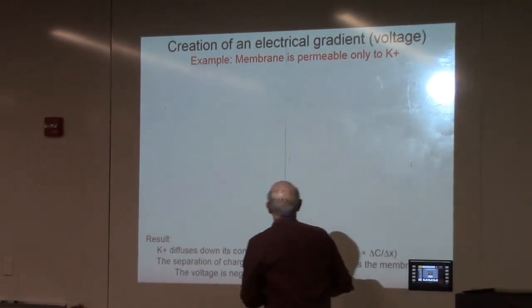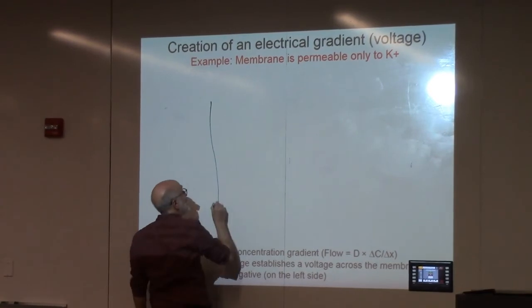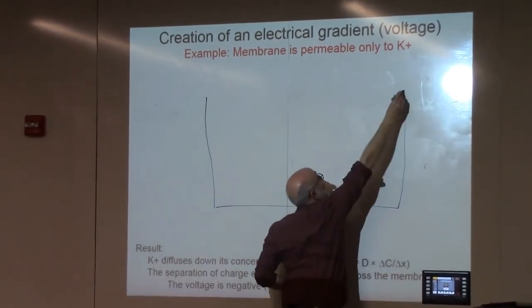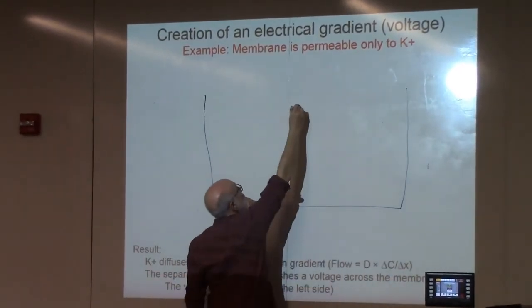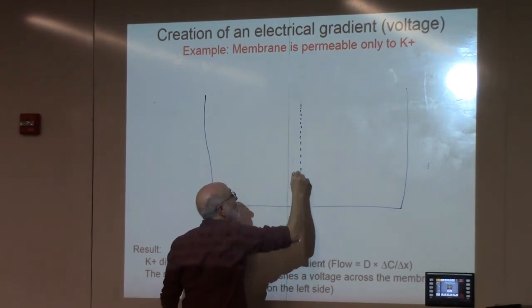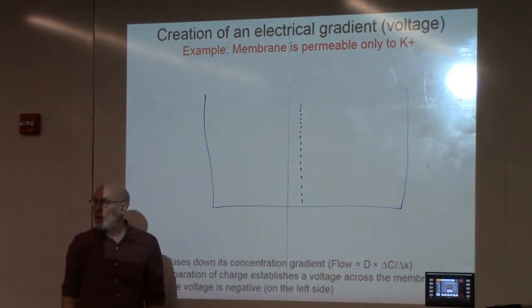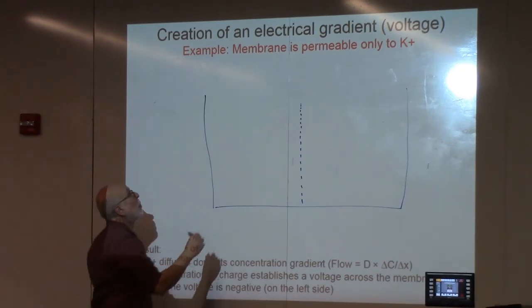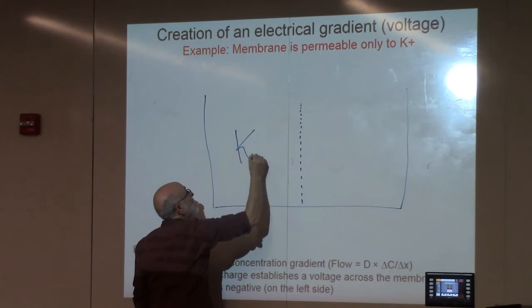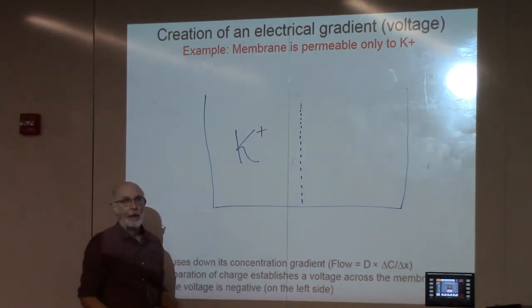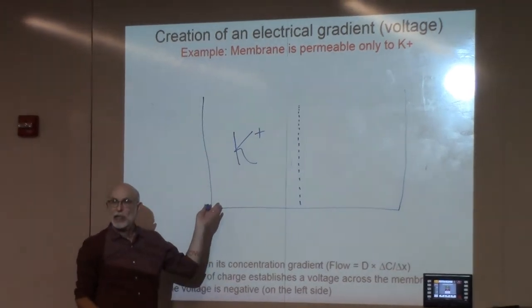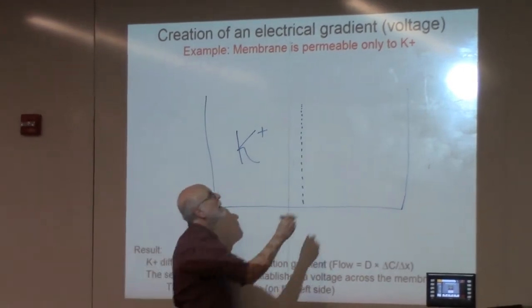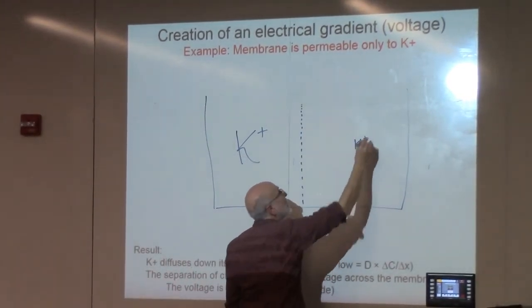So just like in the previous cartoon, we've got something really simple, a semi-permeable membrane, like a cell membrane, with a high concentration of potassium on one side. Rather than using dots, I'm just going to use the size of the symbol, and a low concentration of potassium on the other side.